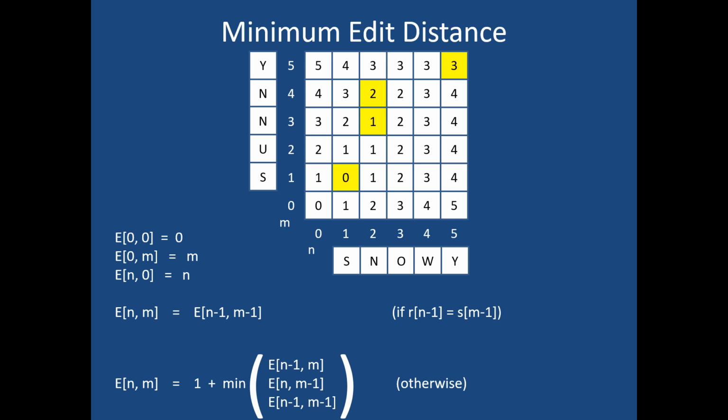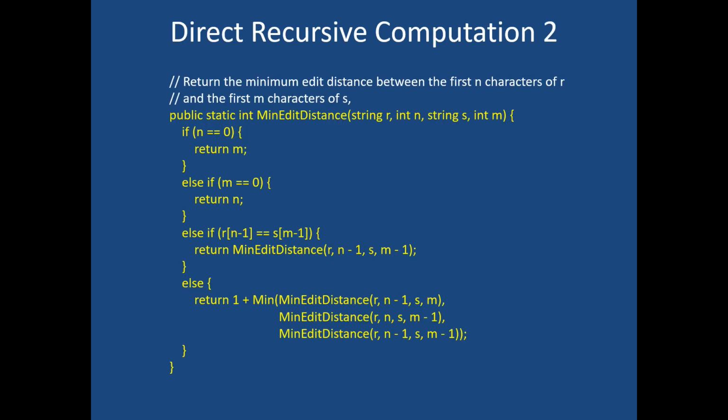The only difference is I only have two base cases, because really this base case is a special case of both of those. But these two base cases, these two recursive cases, I just carried forward into the implementation. This simple one applies when the characters agree. These three recursive calls apply when the characters don't agree. So it's just a direct implementation of that thing. Once you do what we did on the other slide, this just falls out of it. Now, what's going to happen when we run this on sizable strings?